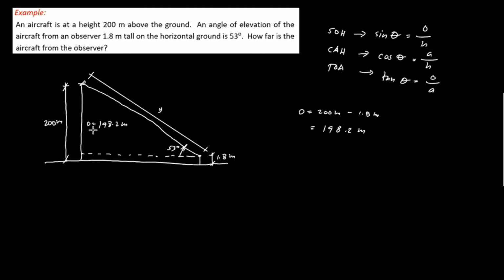Based on the given, we have the opposite and the angle, and we will find the distance, which is the hypotenuse.